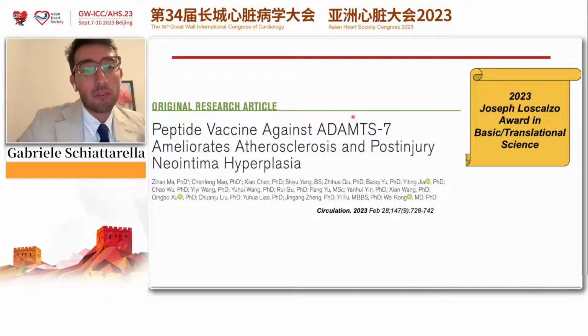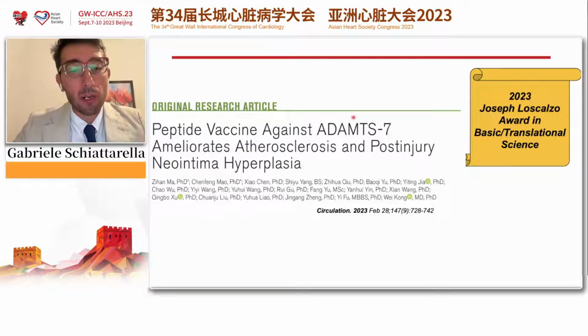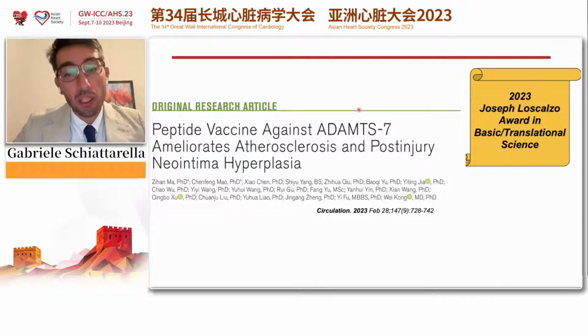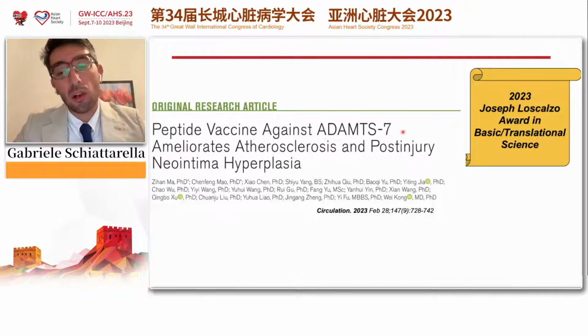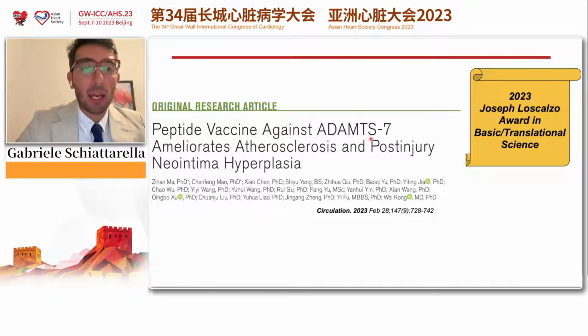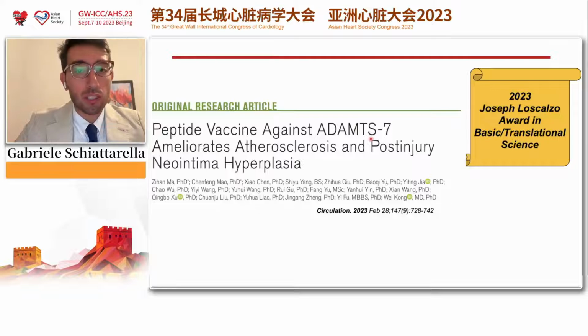And this is what we believe is the case of this paper from Peking University, in which they developed for the first time a vaccine for atherosclerosis, but not only for atherosclerosis, it is also able to impact neointimal hyperplasia, targeting a specific molecule of the extracellular matrix called ADAMTS. So I will walk you through this paper and the recipient of the Scalzo Award this year.